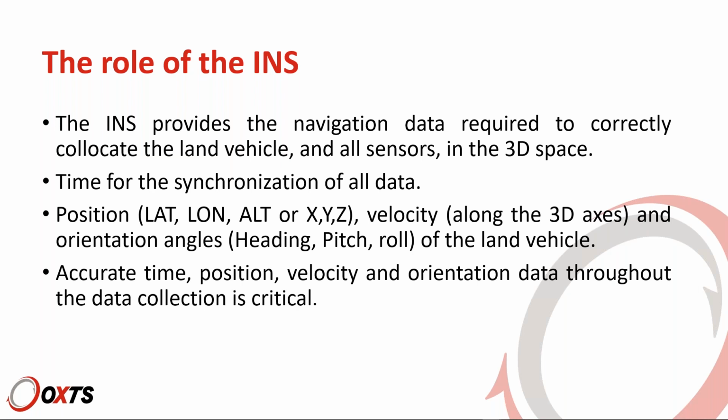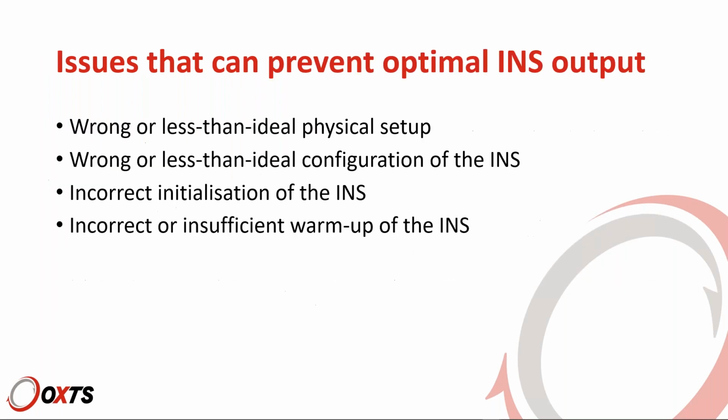Velocity and orientation angles, heading, pitch, and roll of the land vehicle, and again, consequently of all the sensors that are mounted on it. Another important aspect is the integrity and reliability of the data. So it's important that the accurate time, position, and velocity and orientation data is there throughout all of the data collection without gaps. This is what we expect to get from the INS, generally speaking.